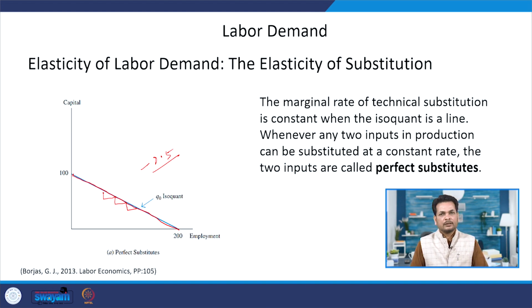So, the slope is constant, which means that these two inputs in production can be substituted at a constant rate. So, 2 units of labor can be substituted by 1 unit of capital, and that substitution is fixed over the process of production to produce Q0 level of output. So, these two inputs are called perfect substitutes for each other.